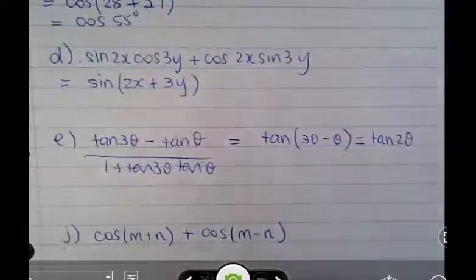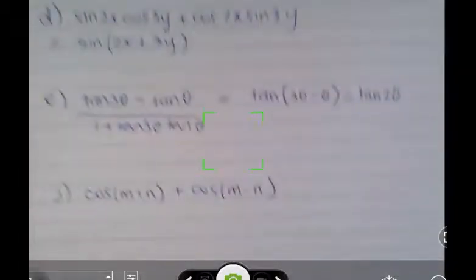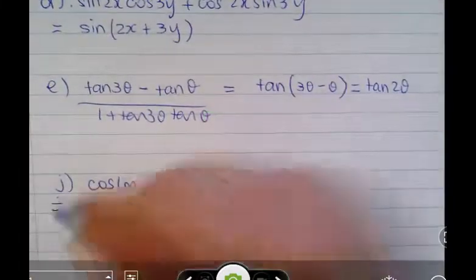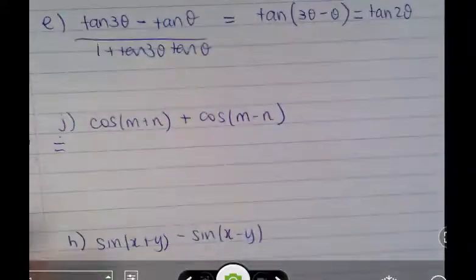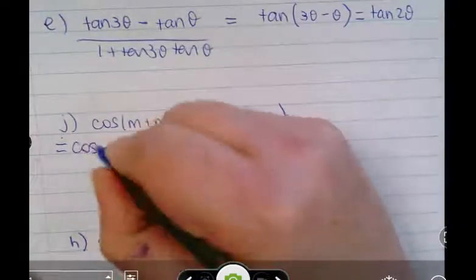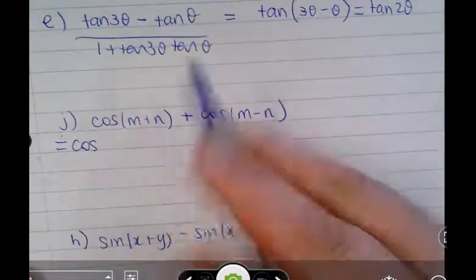Now, the next ones. What do you think you've got to do with these? You have to expand and simplify. So these are good practice. So the cos one, what's the cos one? Isn't it cos, cos, sine, sine? But is it plus or minus for the first one?